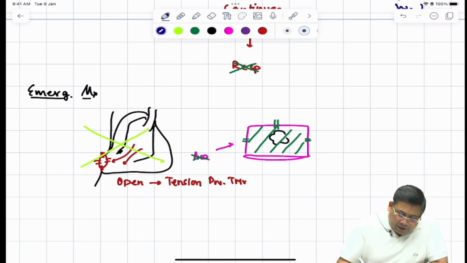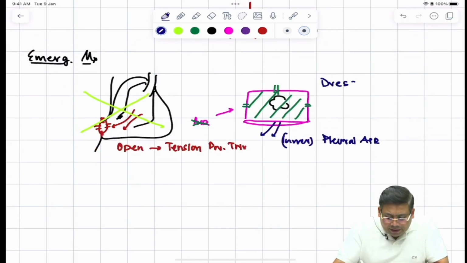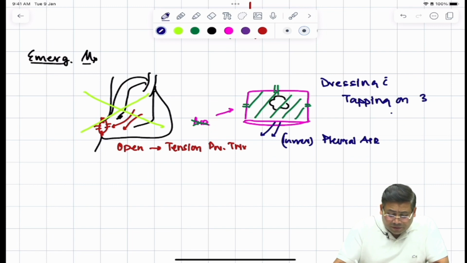The extra air can be vented out from this. So the inner pleural air can always exit. So what is the emergency management? Students, this is defined as dressing with taping on 3 sides. This is very important.